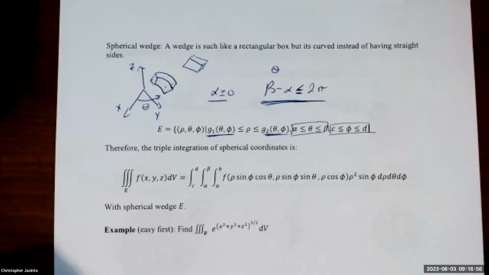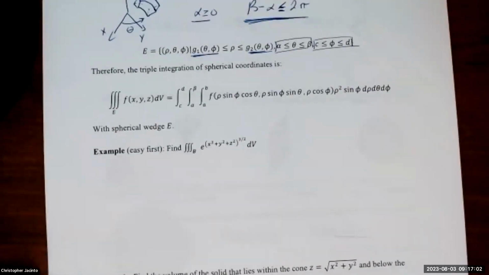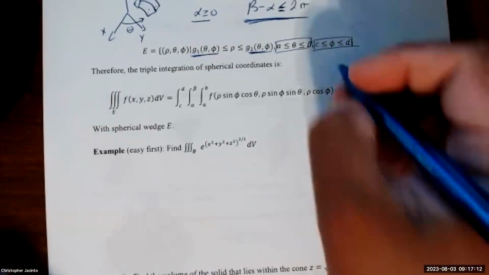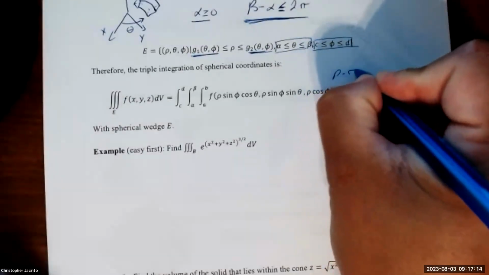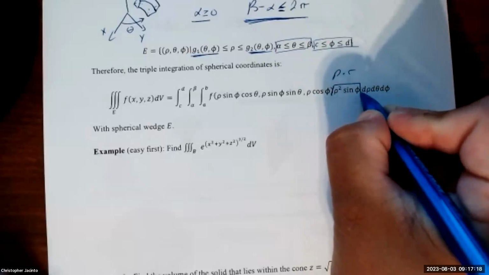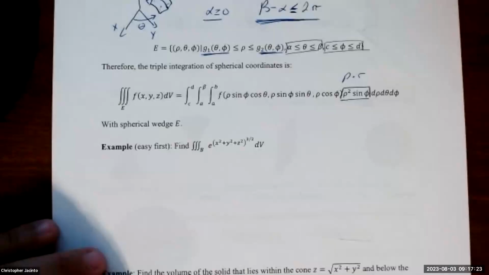Now, how do we go from xy to spherical integration? Well, it's the same thing as when we came to polar. So in polar, it was r multiplied by an r, and the same thing applies here. We're multiplied by a rho times r, or in other words, a rho squared sine phi.